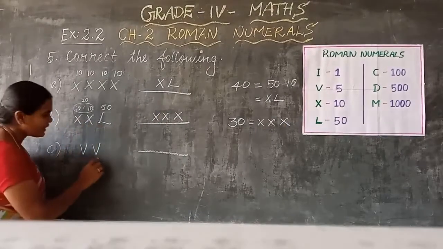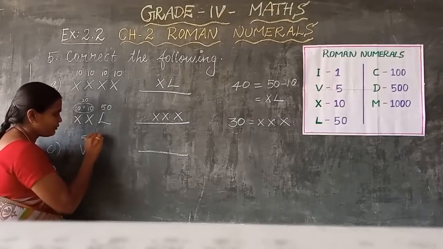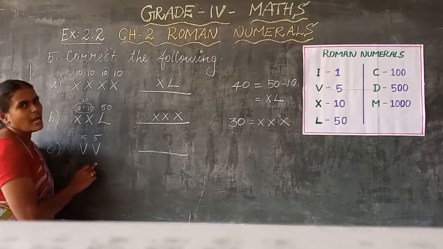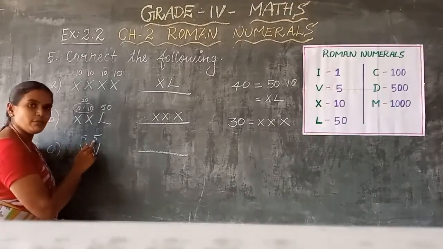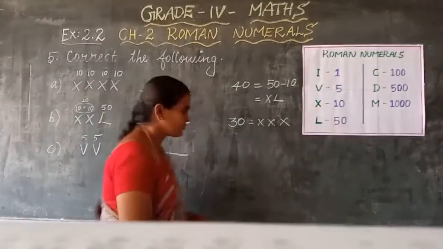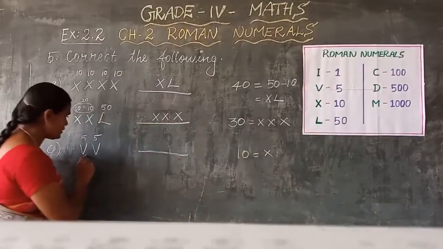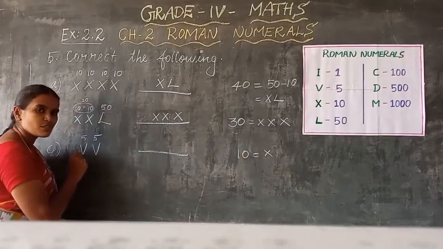Okay. Here, V value 5, V value 5. Repeated means addition. 5 plus 5, 10. 10 means what is the Roman number? X. 10 means X. Here you wrote 5 two times, so this is wrong.